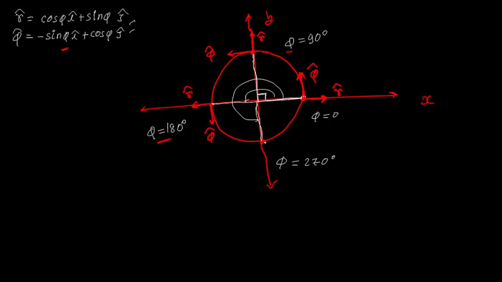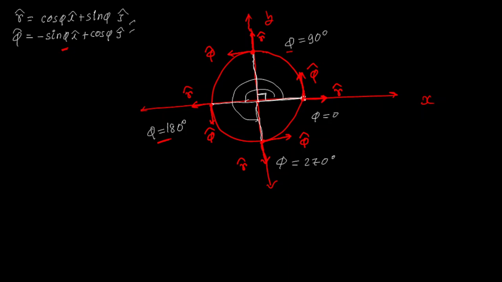And for this point also, r cap will be in the minus j cap direction, and phi cap will be in the plus i direction. So you see, at every point, if you look at the direction of r cap, it will always be radially outward.